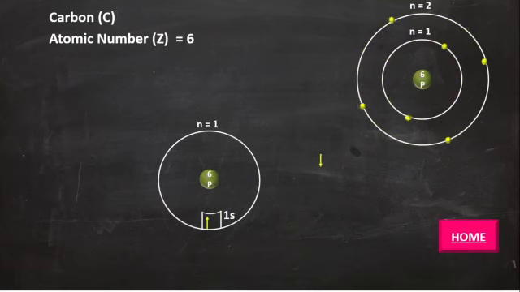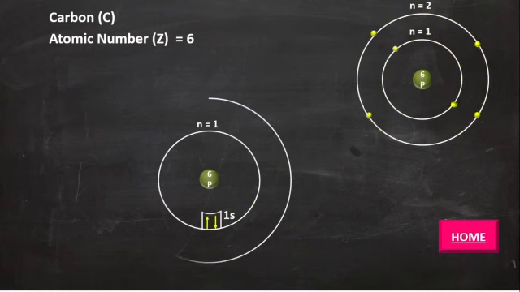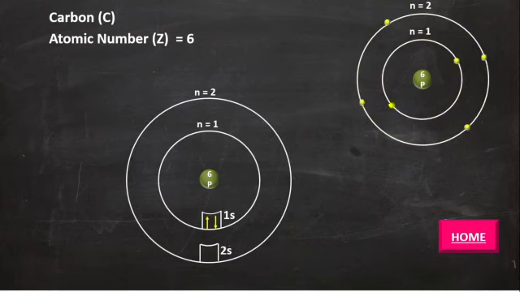Next, first orbit is completely filled. Now I am going to fill the second orbit, n equal to 2. In n equal to 2, we have 2s and 2p orbitals. First electron, that is the third electron, comes into 2s. Fourth electron will pair up with this electron.